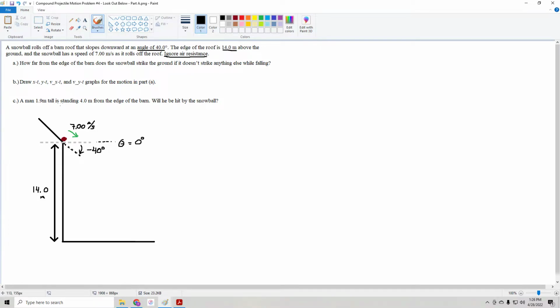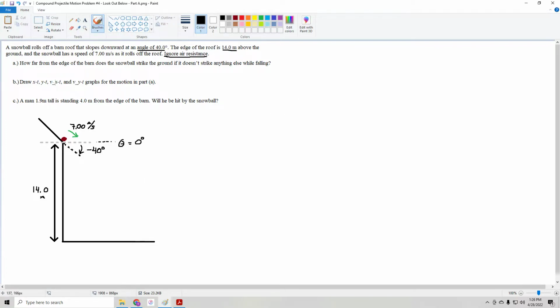And our first task in part A is calculate how far from the edge of the barn does the snowball strike the ground if it doesn't strike anything else while falling. And how would we go about doing that? Well, we would use our kinematic formulas similar to the way that we've done them in the previous problems.